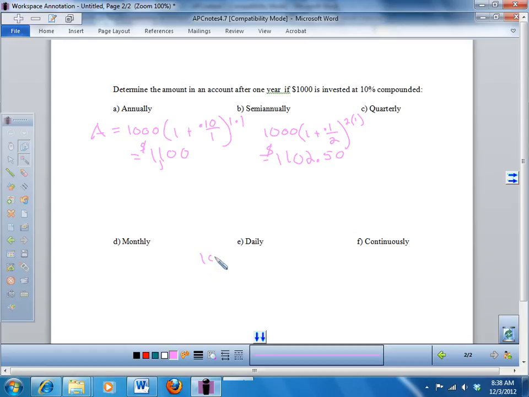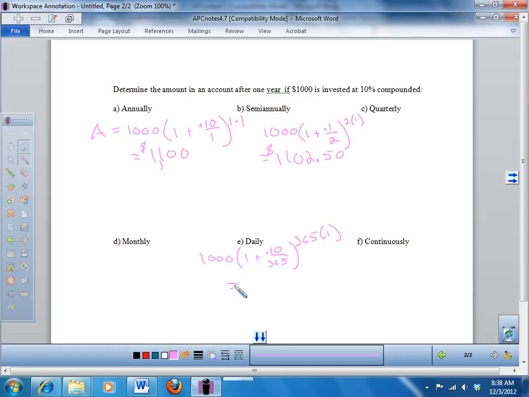would plug in 1,000 times 1 plus 0.10 over 365, raised to the 365 times 1.